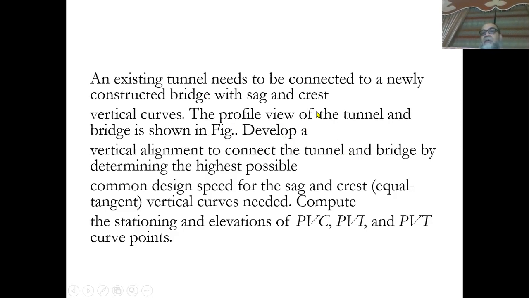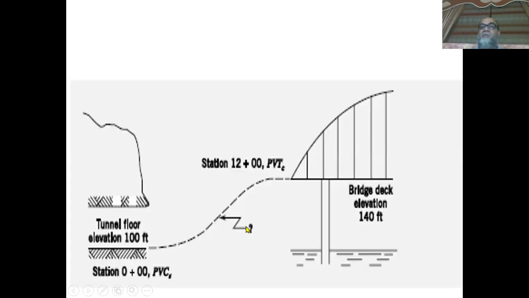I will show you after this slide. We need to develop a vertical alignment to connect the tunnel and bridge by determining the highest common design speed for the second vertical curve, compute the stationing and elevations of PVC, PVI and PVT. So this is a very interesting problem.